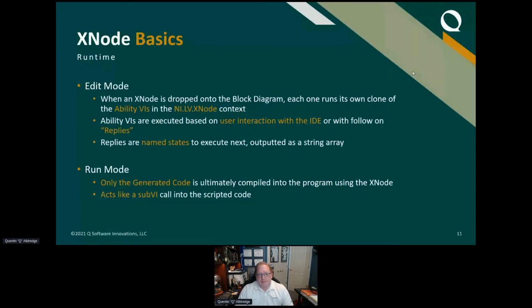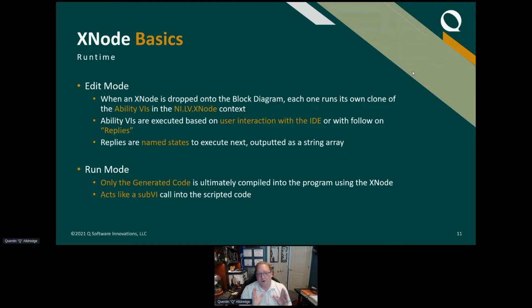Based on those interactions, you can also publish as an output a reply. A reply is just an array of strings, but those refer to other named states that could execute other ability VIs. So you could have one ability VI basically call another ability VI.